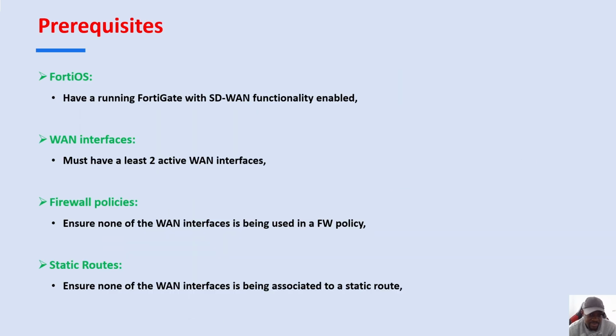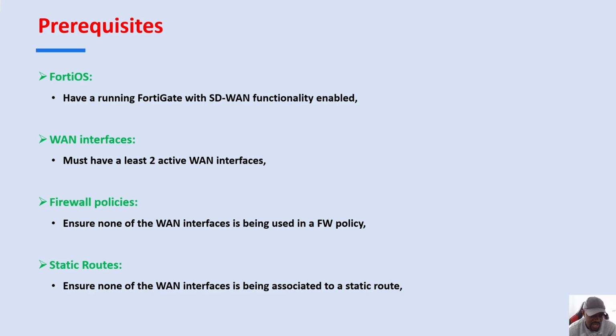So talking about prerequisites, before you think of implementing SD-WAN on the FortiGate firewall, you need to make sure that the FortiOS that you are running has the capabilities and functionality of SD-WAN enabled. So you have the right license, the proper license to run SD-WAN on your FortiGate firewall.